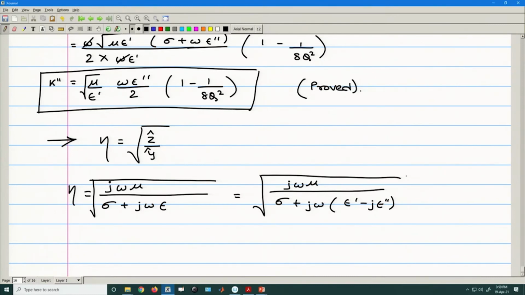Now we can again write this one as j omega mu by, so sigma is 0, this will be j omega epsilon prime plus, so this j square is minus 1, minus and minus becomes plus. So it will be j omega epsilon prime plus omega epsilon double prime.